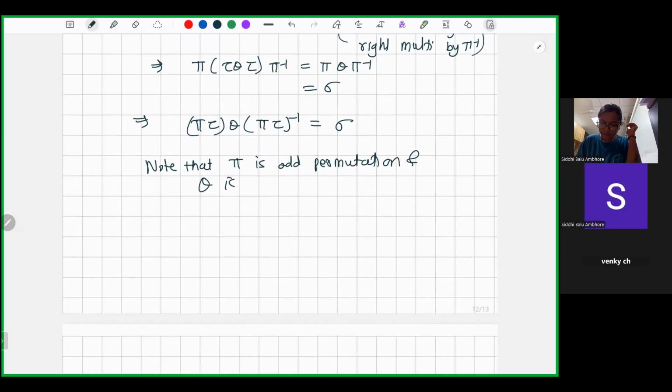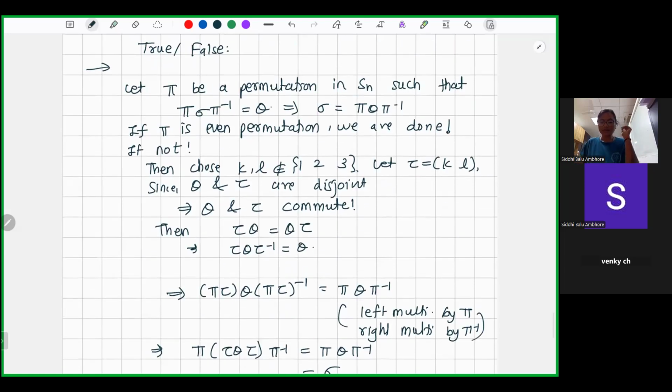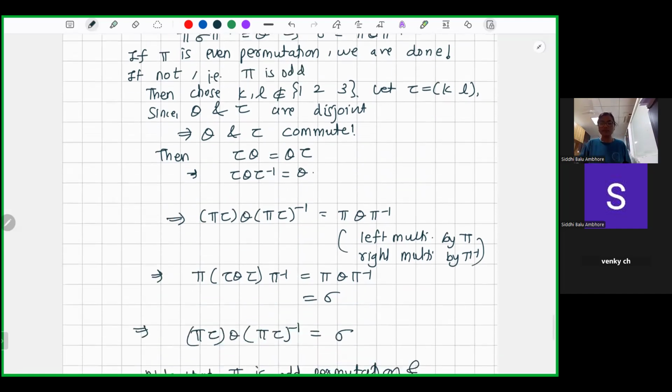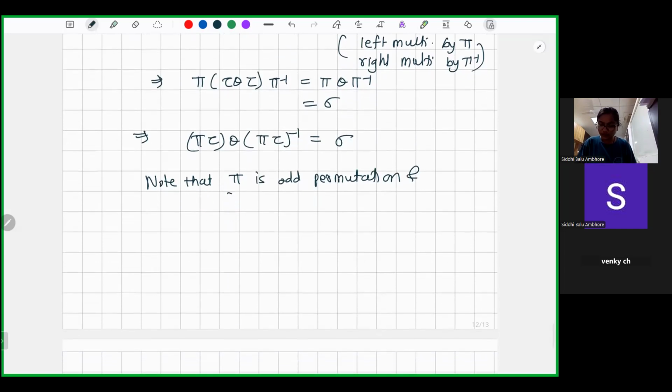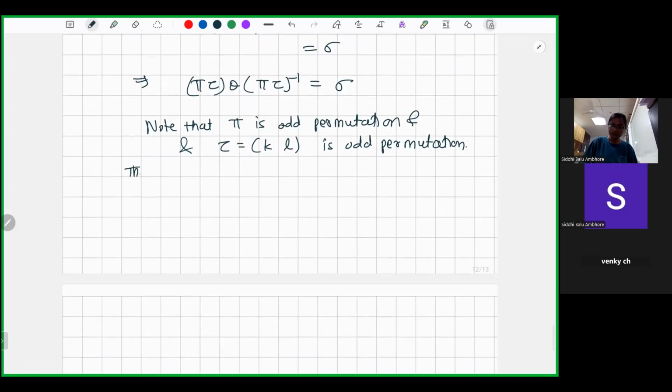Since we omitted the condition of pi being even, if not, that is, pi is odd. So I have pi as an odd permutation, and tau equal to the transposition (k l) is also an odd permutation. Then this pi tau is an even permutation.